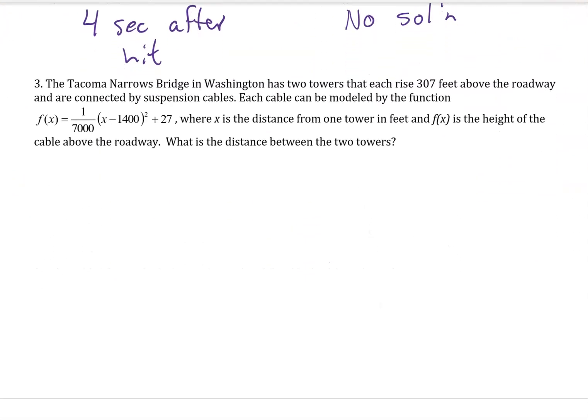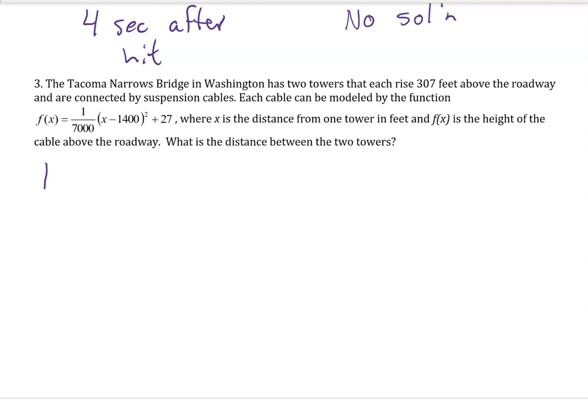Next problem. Tacoma Narrows Bridge in Washington has 2 towers that each rise 307 feet above the roadway and are connected by suspension cables. Each cable can be modeled by the function given, where x is the distance from one tower in feet and f of x is the height of the cable above the roadway. What is the distance between the 2 towers?